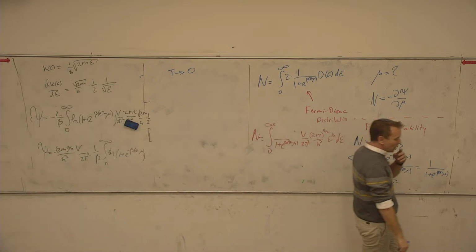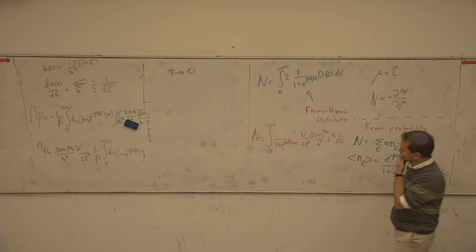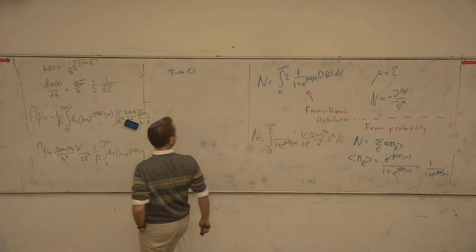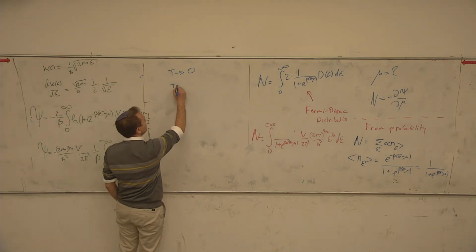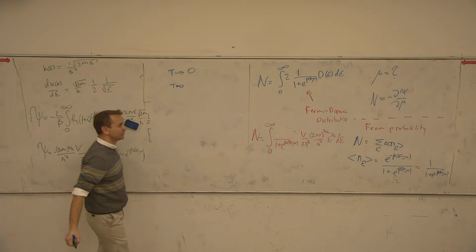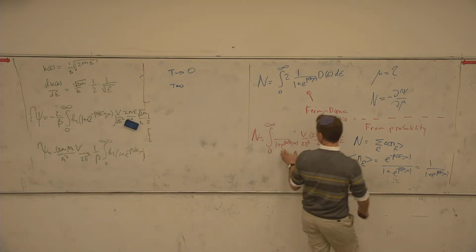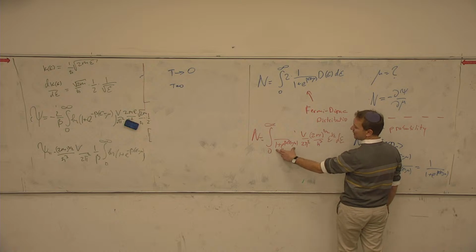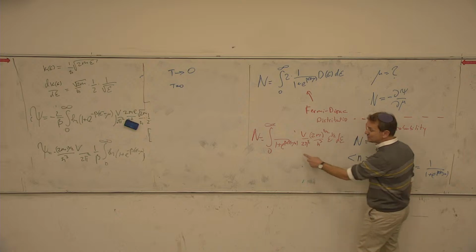T goes to 0. So what do I know when T equals exactly 0? This guy, 1 over 1 plus e to the beta (epsilon minus mu), is the occupation probability.